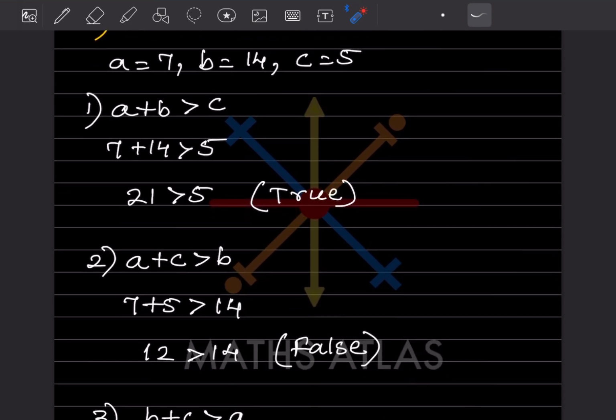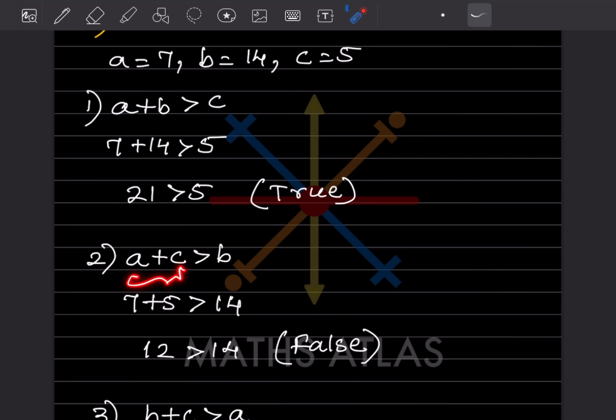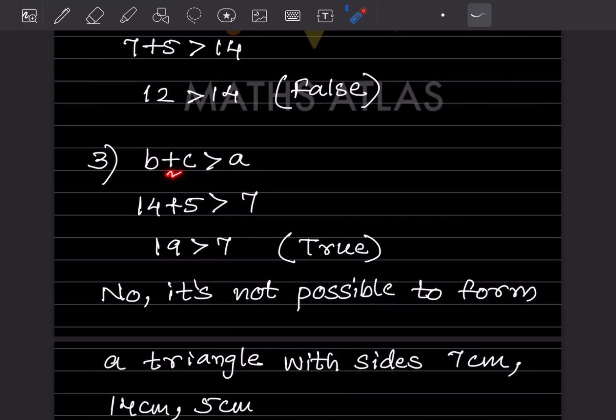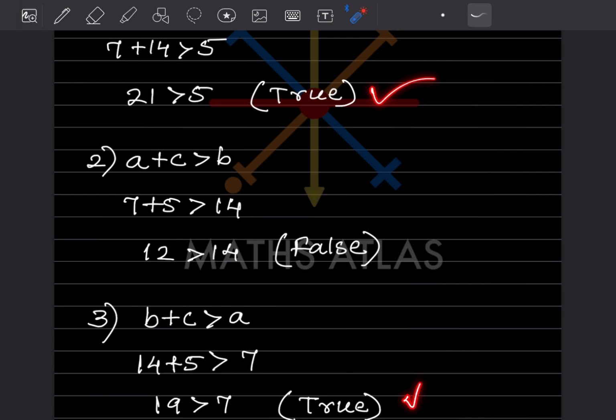So this is true. Now again, if we see A plus C is greater than B, here it is 12 and here is 14. So this is false because 12 is not greater than 14. Now let us see here, 19 is greater than 7. So this is true. But we can see these two are true and this is false.